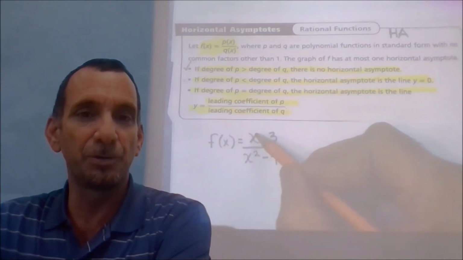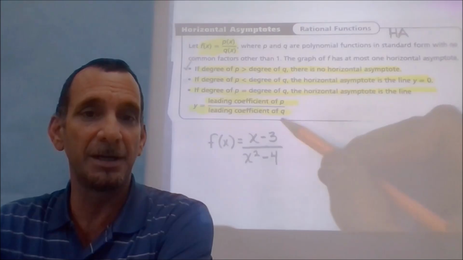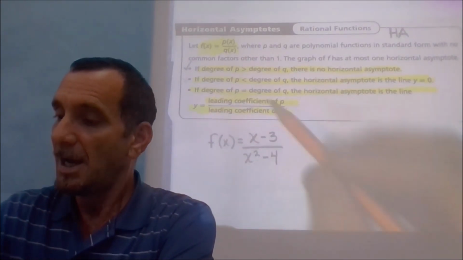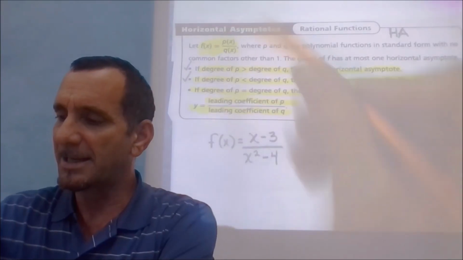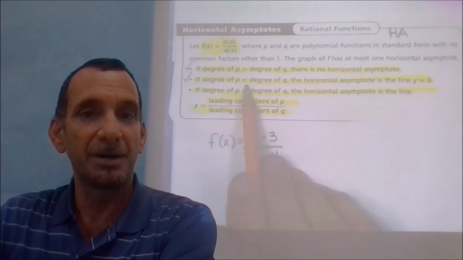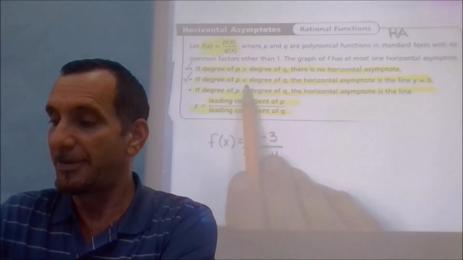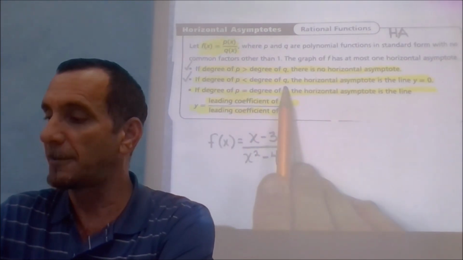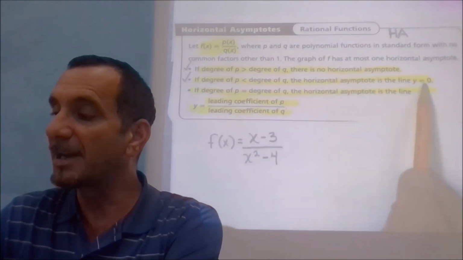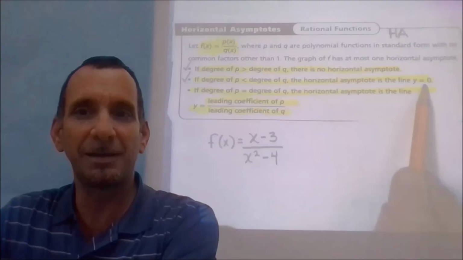We have the degree of the numerator is 1, and the degree of the denominator is 2. So, as you would guess, if the degree of the numerator is less than the degree of the denominator, then the horizontal asymptote is the line y equals 0.